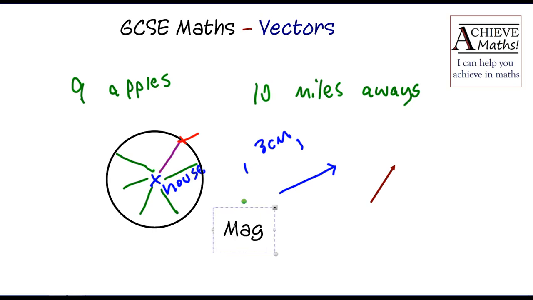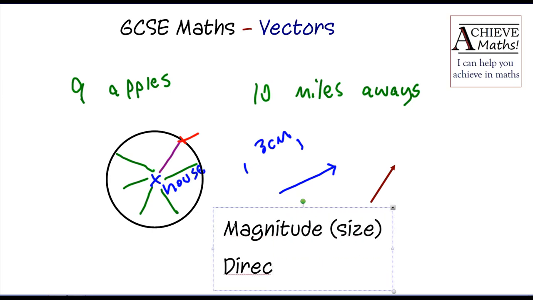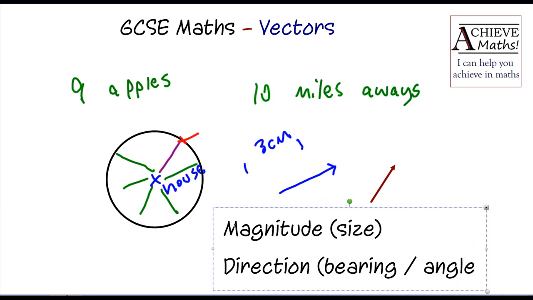They have magnitude, which stands for the size, and they have direction, often denoted with an arrow to tell you where it's going. The direction might be given using a bearing, or an angle, or something like that. So that's the difference between a vector and a normal number.